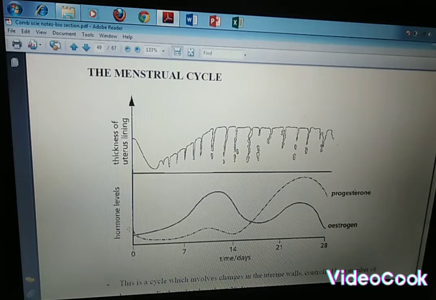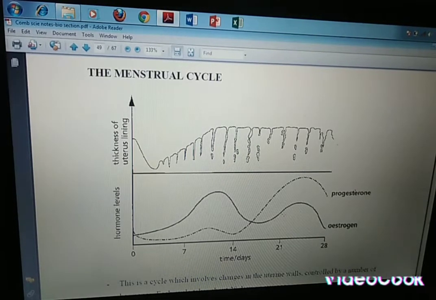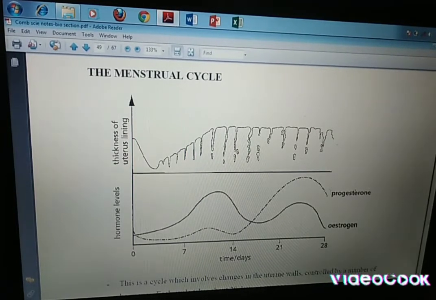So now we have two hormones that are of very particular importance. We have got progesterone and we've got estrogen. Progesterone is the bold line and estrogen is the one with the dotted lines. Okay.